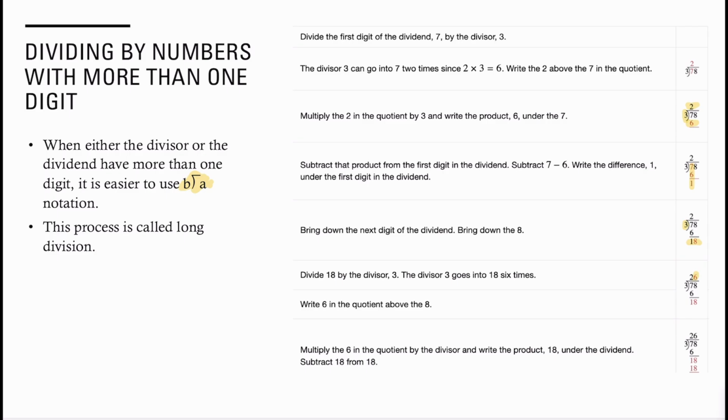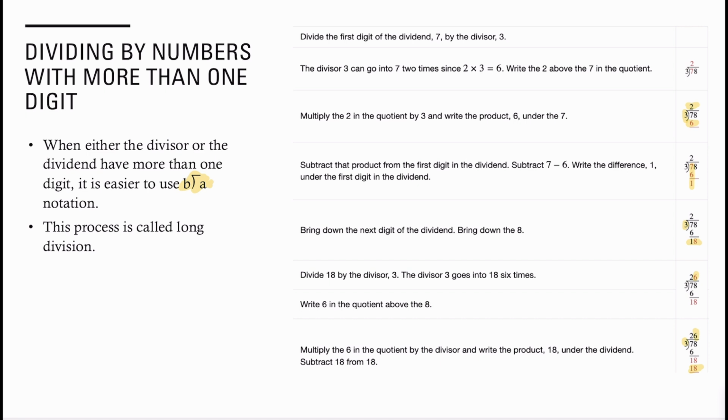Then we do the exact same thing, so we go 6 times 3, and we put it down here. And so we say 18 minus 18, and we get 0. At that point, that's when we end up with our answer. So our answer will be 26.